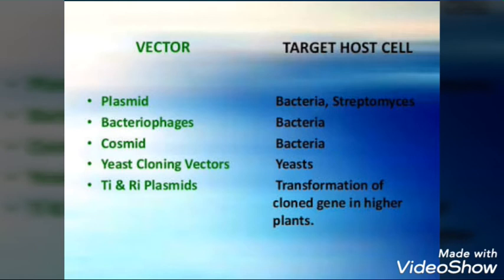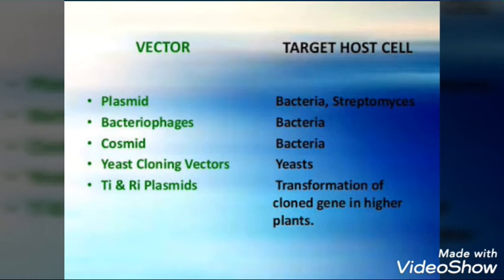You have to remember which is the target host cell with respect to each vector. Plasmids, bacteriophages, and cosmids all have bacteria as target host cells, because the plasmid comes from bacteria.